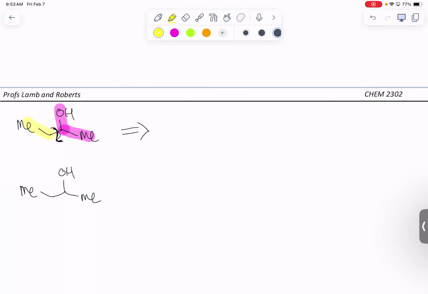So let's see what we would make with our Grignard reagent, or organomagnesium reagent, or organolithium reagent. So that's 2 carbons. Let's stick a lithium on it. You could have stuck a magnesium or sodium, doesn't matter to me. And now let's think about what our carbonyl compound would look like: 2 carbons with a carbonyl. Awesome. That's how we would make this molecule.